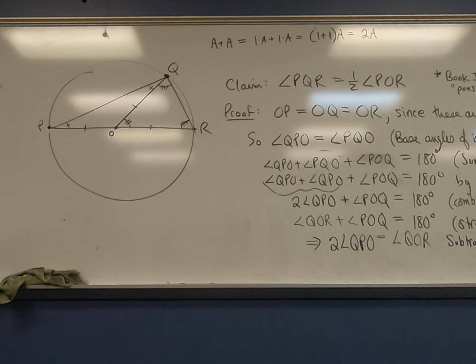Explain why the central angle POR must be twice as large as the inscribed angle PQR, and the hint is, what kind of triangle is OPQ, and what then must be the relationship between its interior angles? OPQ is an isosceles triangle, and so its base angles are congruent.